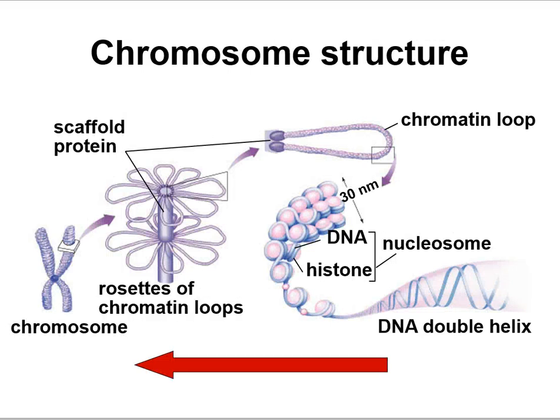Got a picture here where we can actually see this a little bit better. Isn't it neat how it makes these little rosettes of chromosome loops or chromatin loops, which then makes the entire chromosome.